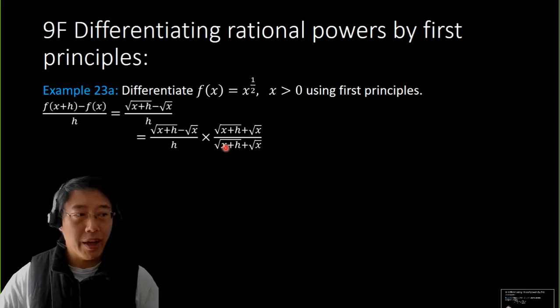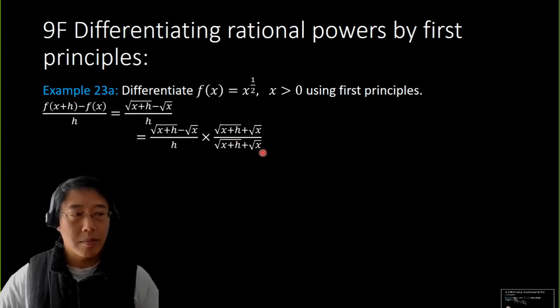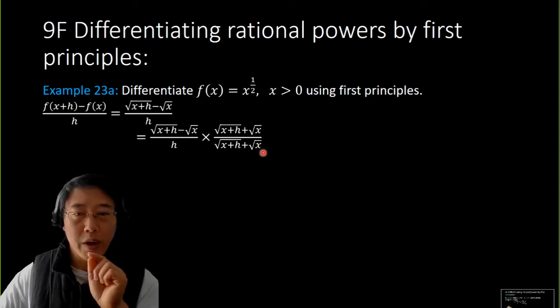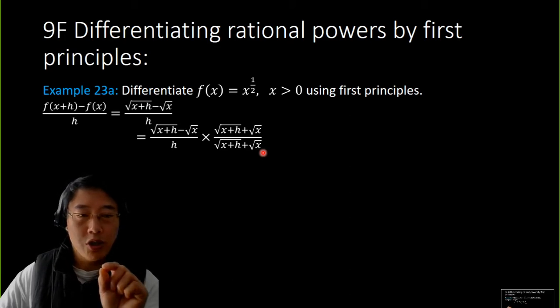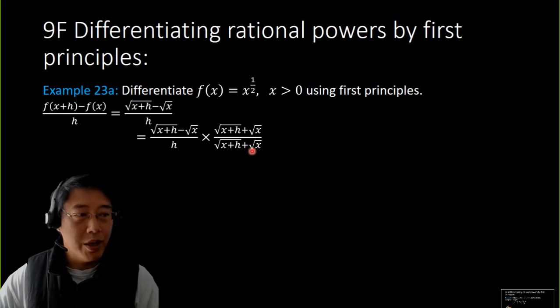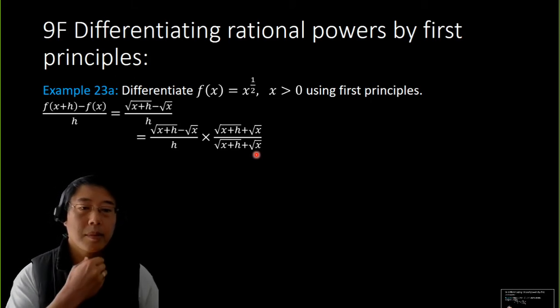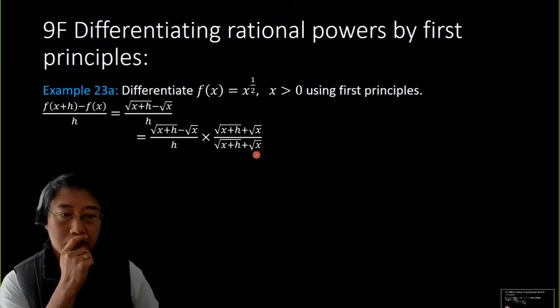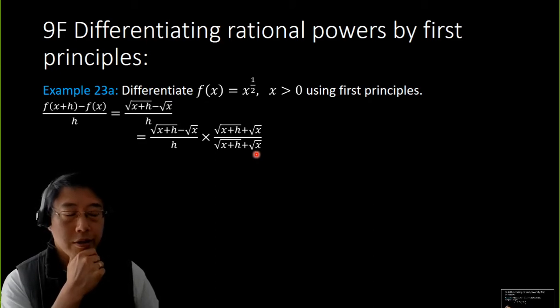What happens to that denominator? Again, when h converges towards 0, what happens to that denominator here that I'm underlining? Correct. So that h can become 0.